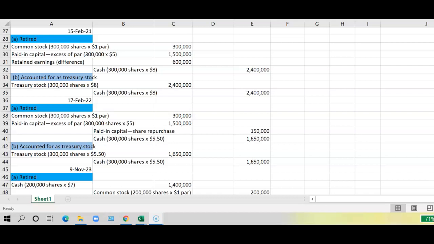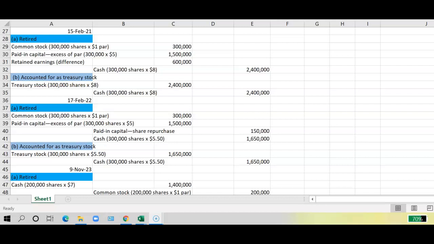Now, there is a debit to retained earnings when the company actually pays more for their repurchase of stock than they originally sold the stock. So there would be a debit to retained earnings of $600,000. We're now going to look at the transaction for retired stock on February 17, 2022.